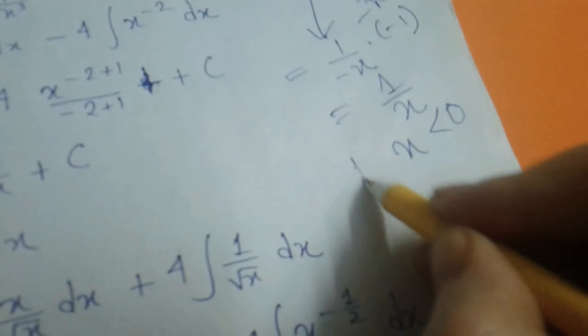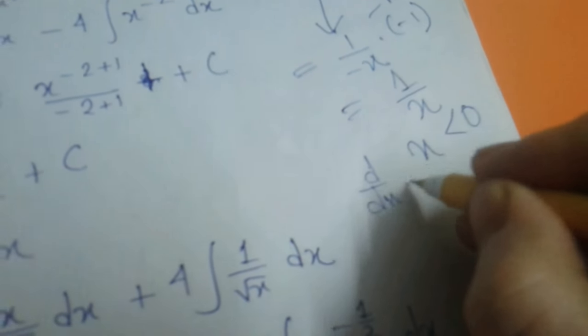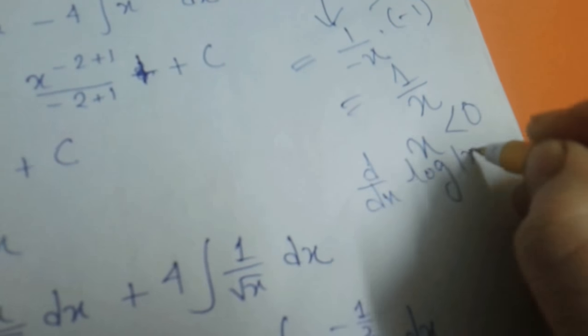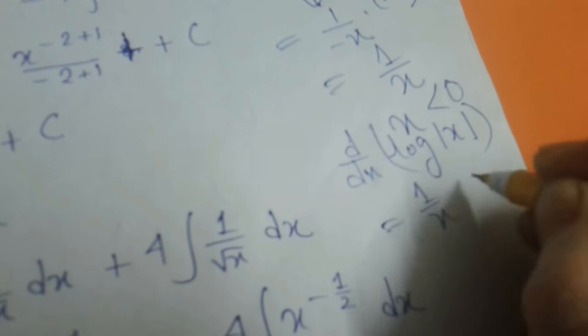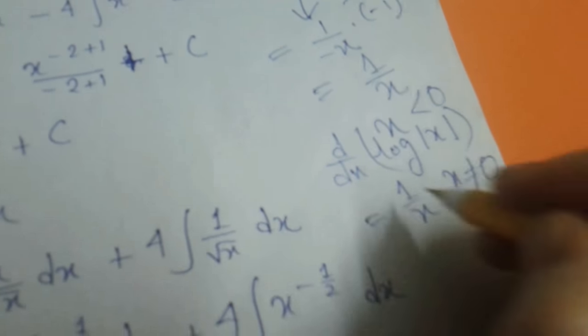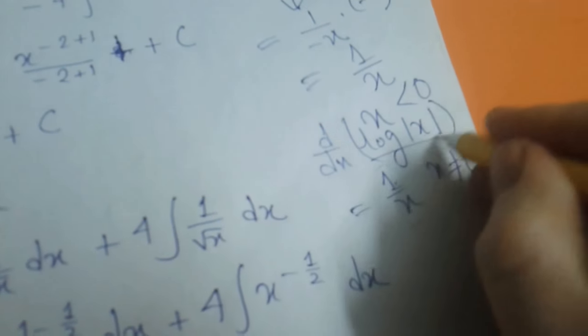So d by dx of log mod x equals 1 by x, where x not equals to 0. So the integration of 1 by x gives us log mod x.